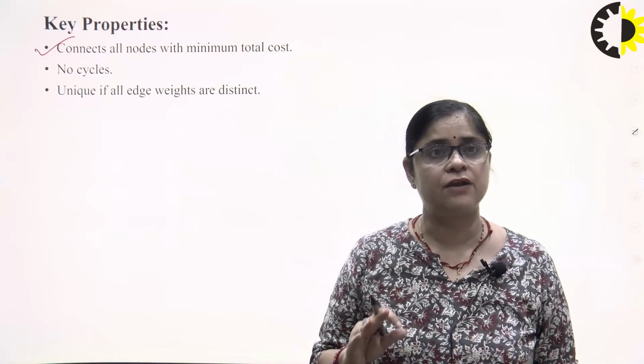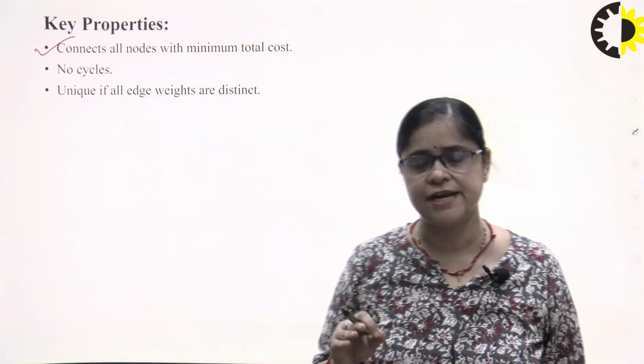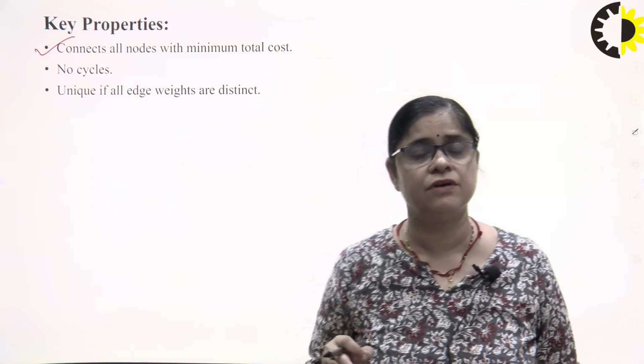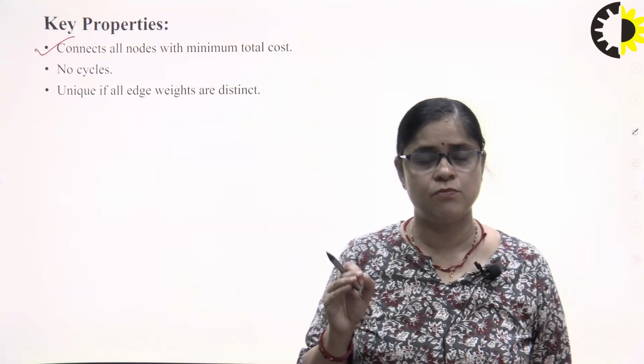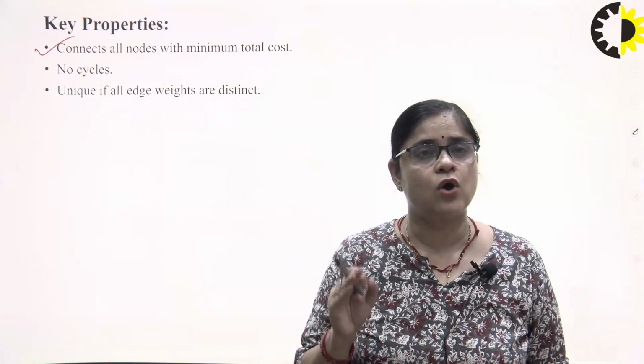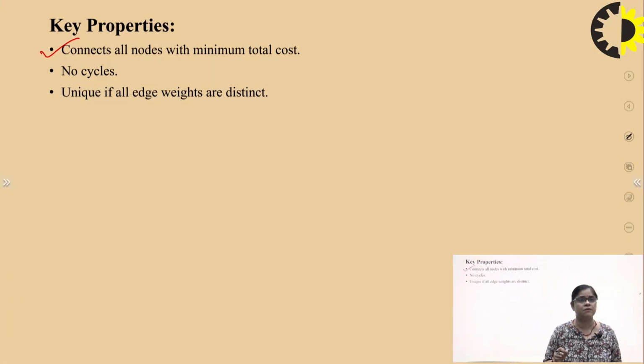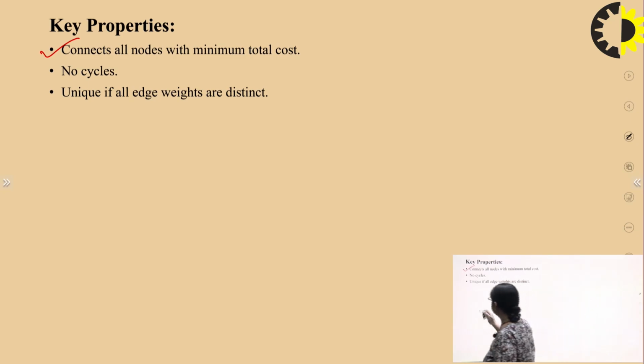When we study trees or graphs, the important thing is that we connect all the nodes with the minimum cost or minimum weight. And the second thing we have to keep in mind is that there should be no cycle in the graph.